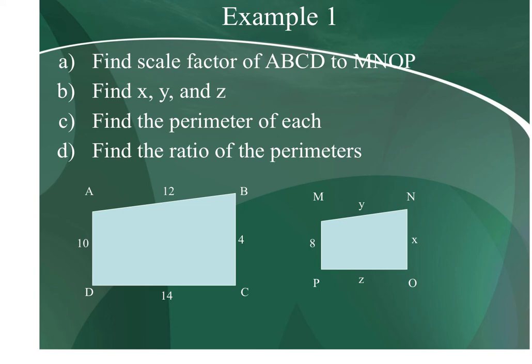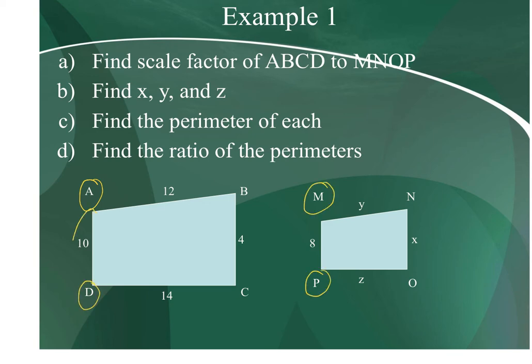AB over MN will give us our scale factor. But do we know what MN is? No. So we have to start with the two sides that we know and are corresponding. Which two are they? Very good. AD and MP.